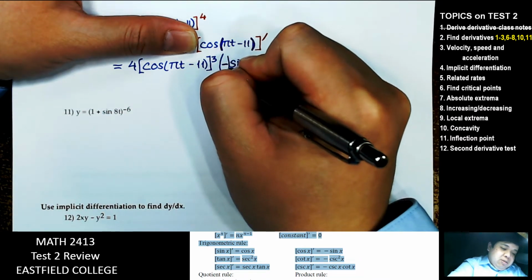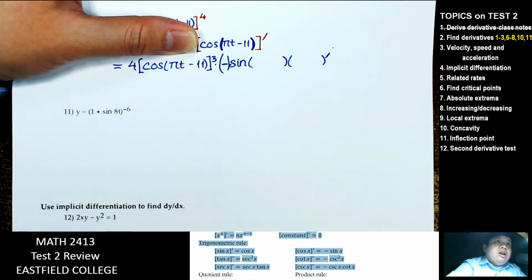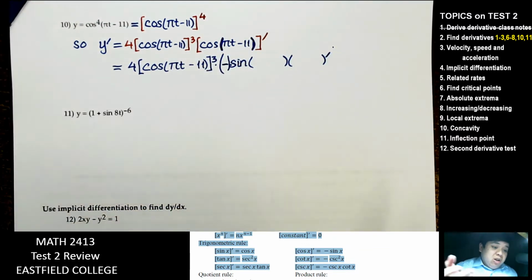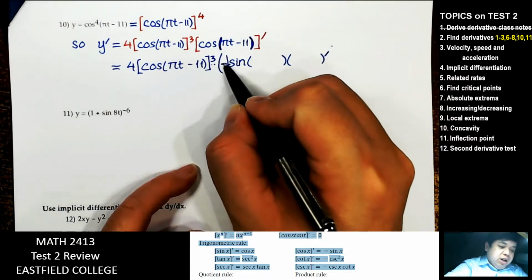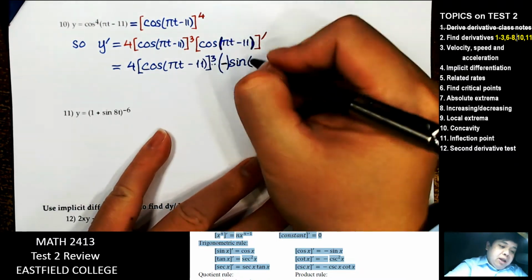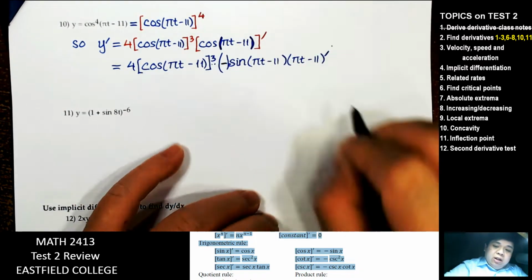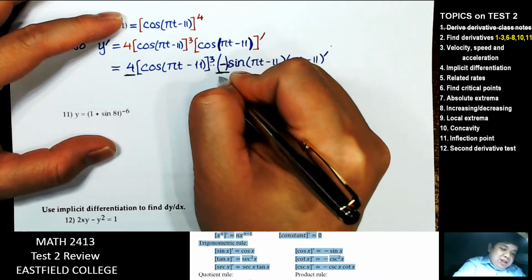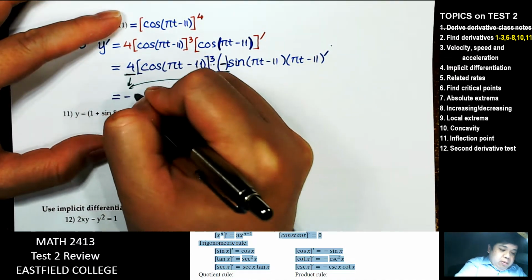So we multiply the negative sign, then multiply by sine, because cosine gives us negative sine. If we just write the minus in the middle, it looks like those two subtract each other, but in fact it is just multiplying a negative sign and then multiplying again. So just multiply by negative, really. Then pi t minus 11, pi t minus 11. Now we have the minus sign here and the 4, so we have minus 4.